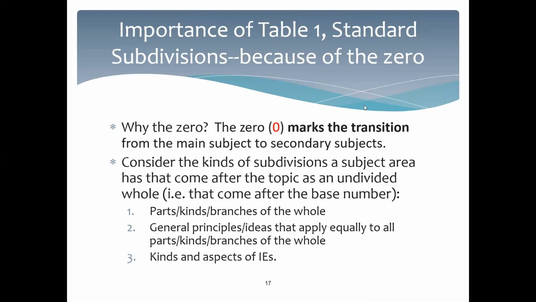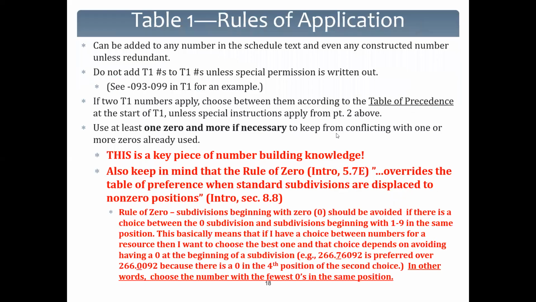And there are a lot of different relationships implied with that: parts to the whole, kinds to the whole, branches to the whole, principles and ideas that apply equally, and all of the different kinds of aspects.